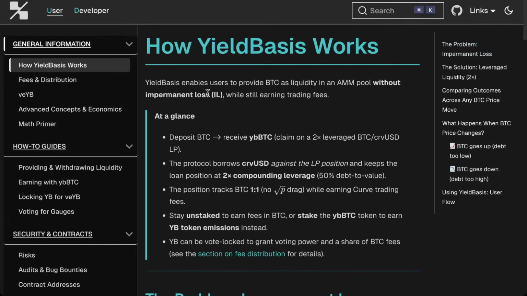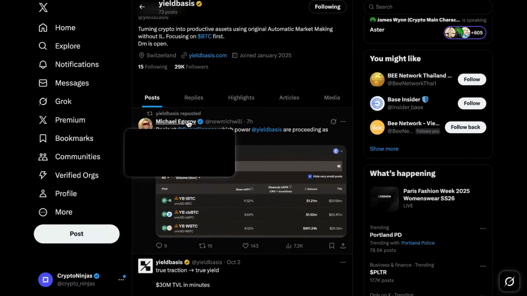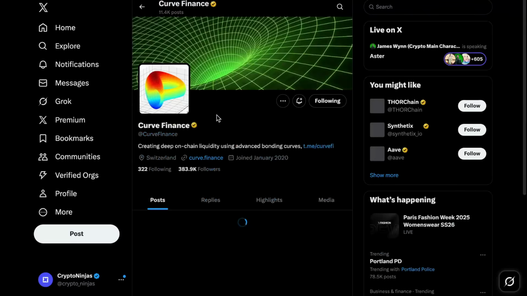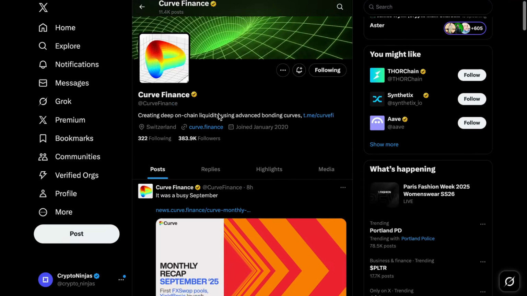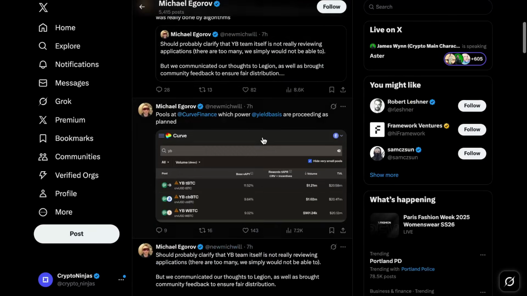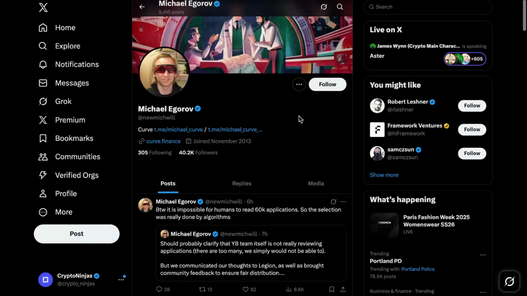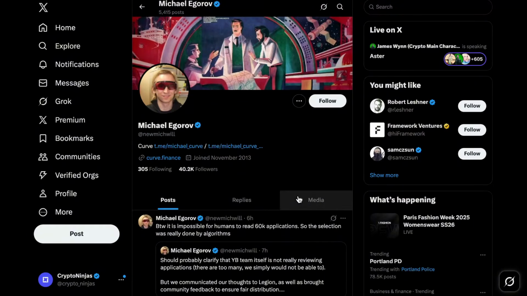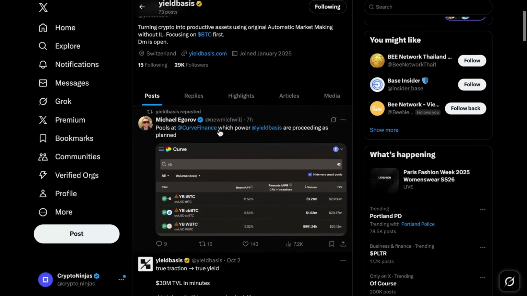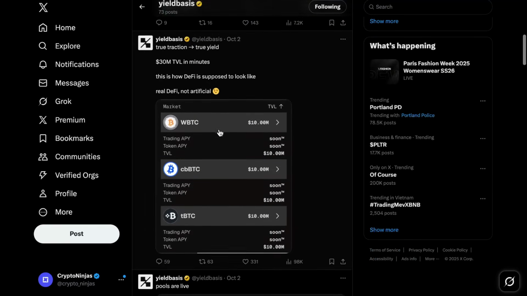With support for ETH deposits coming soon, who's behind it? The mastermind is Michael Egorov, the founder of Curve Finance, a DeFi titan known for its low slippage stablecoin swaps and secure liquidity pools. Egorov's a proven builder with a PhD in physics, and his team has raised $5 million in early funding, plus a $60 million Curve USD credit line from Curve DAO to power Yield Basis pools.